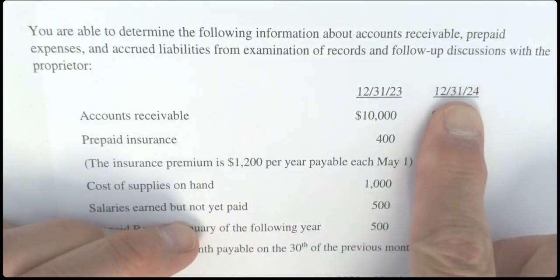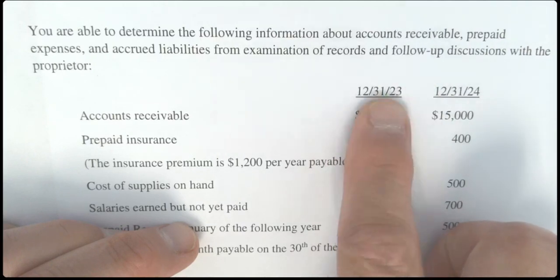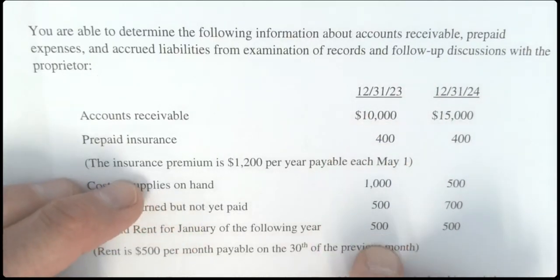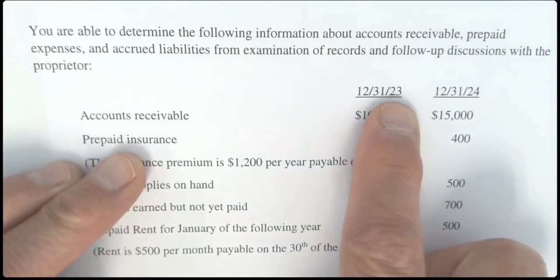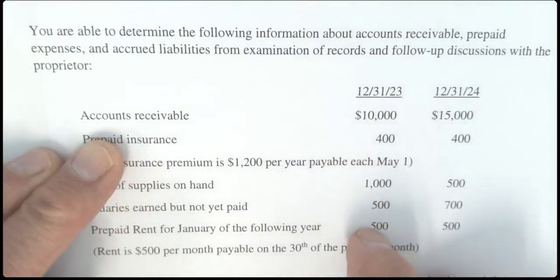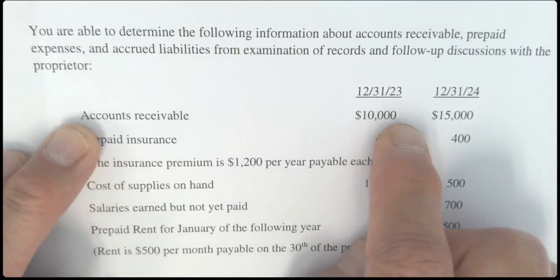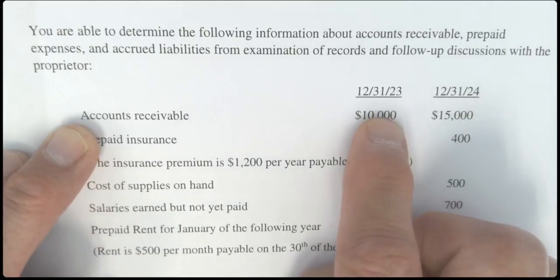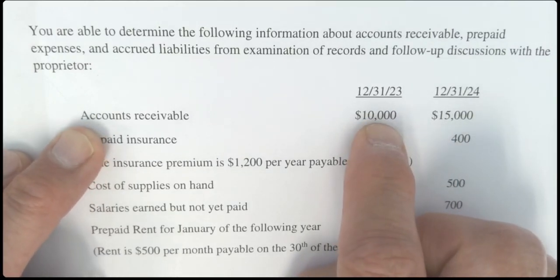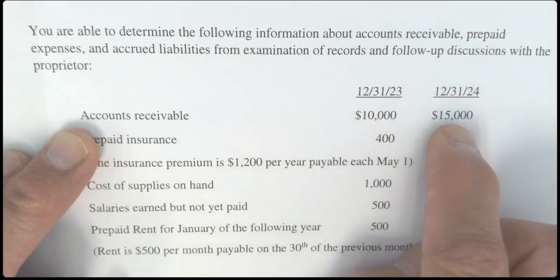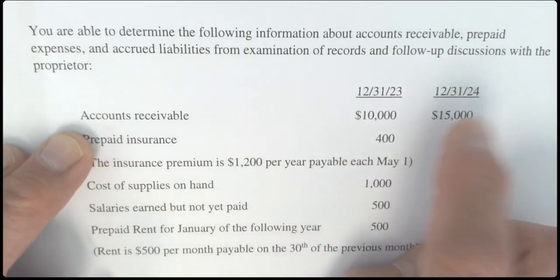So it's currently 12/31/24, and this was what the balances were in these important accounts at the end of 2023. For accounts receivable, customers owed us $10,000 at the beginning of the year for sales not yet paid from fiscal 2023. And at the end of this year, they owed us $15,000 for services we rendered in 2024.